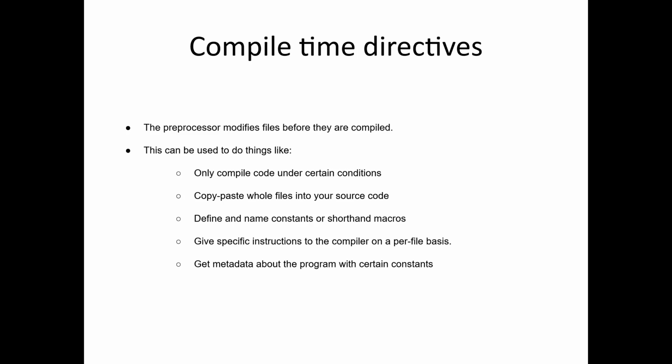This is used to, for example, suppress certain warnings, not errors, or give specific instructions on what to do in certain situations. And you can get certain metadata about a program, like what file a certain thing is called in, or the exact date and time that a certain thing is run for logging purposes.